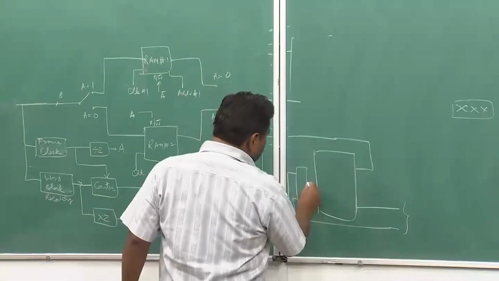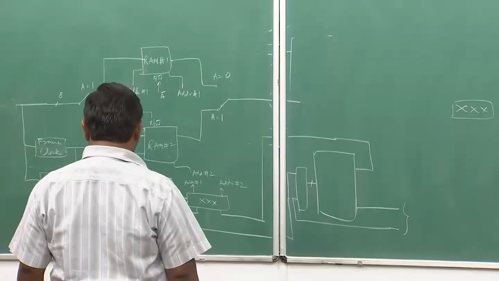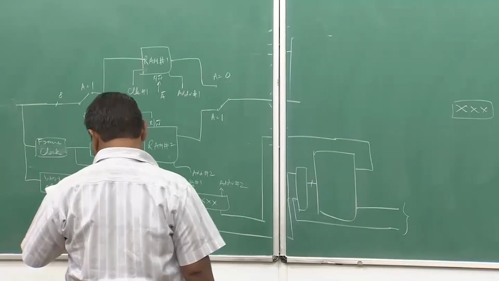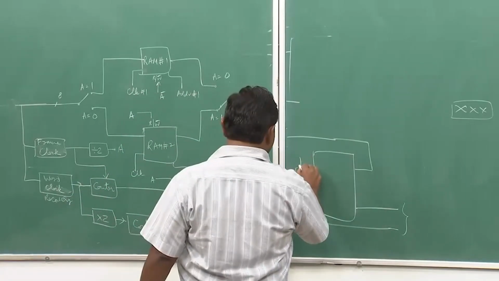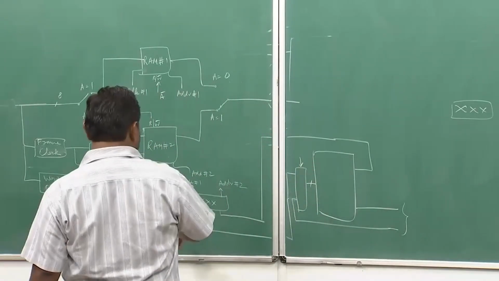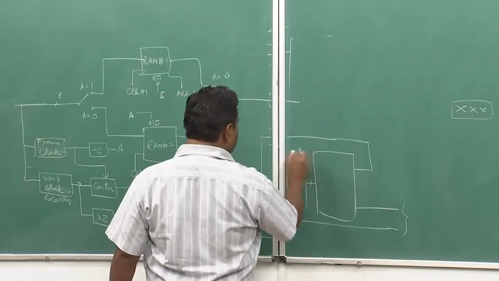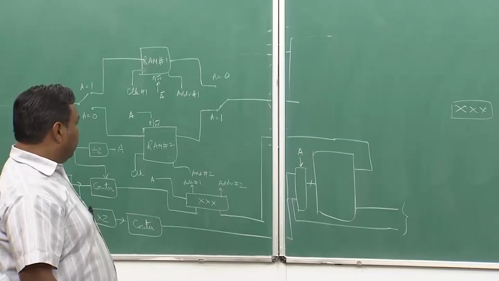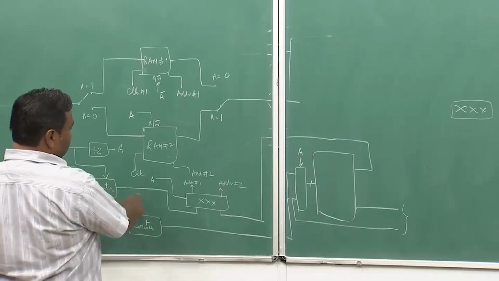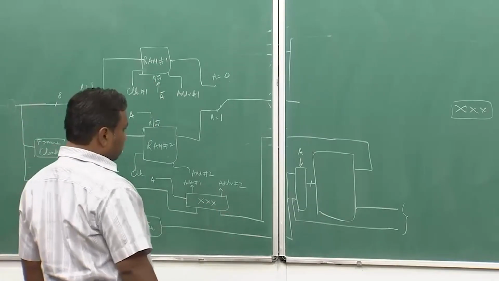And I can take this as an input to this, and now this one is also, because this switch is being driven by A, so this also will be controlled by A. So when A is 1 you are actually sending the reading here, so the writing has to come out.